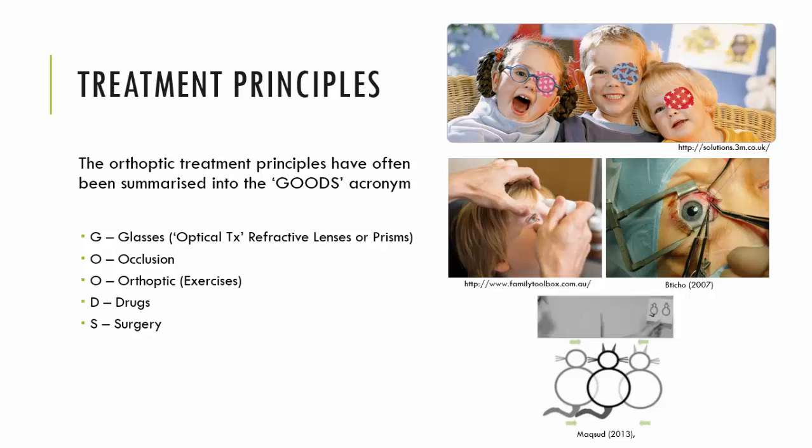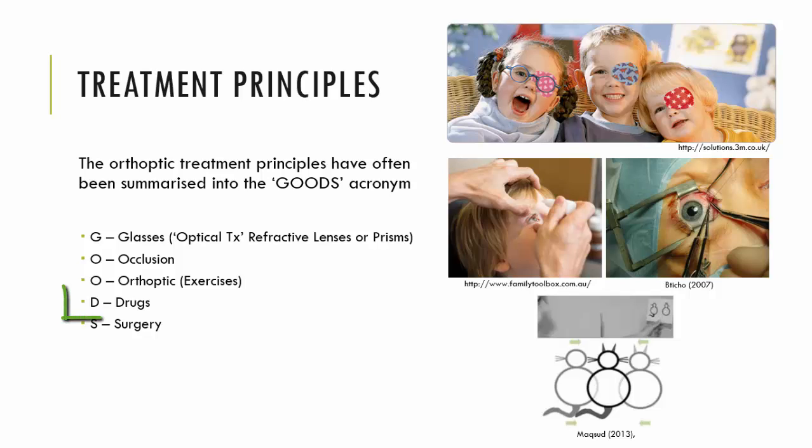The other thing about orthoptic exercises is that generally you do want to correct refractive error and patch your patient or have equal vision or relatively equal vision before you commence your orthoptic exercises. So you should consider it to be a third option after you've considered glasses and occlusion where relevant.